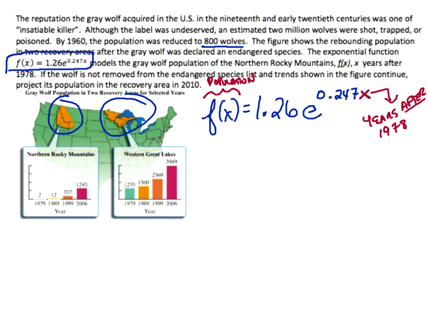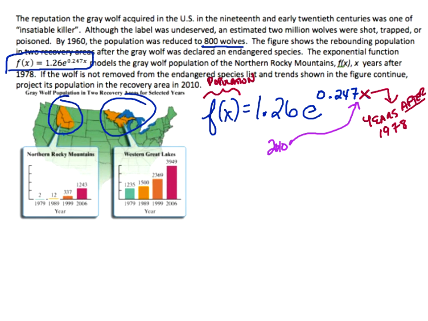So, we're going to use this formula, and basically we need to figure out how to get the value 2010 up into the exponent. But remember, the variable in the exponent is standing for years after 1978.